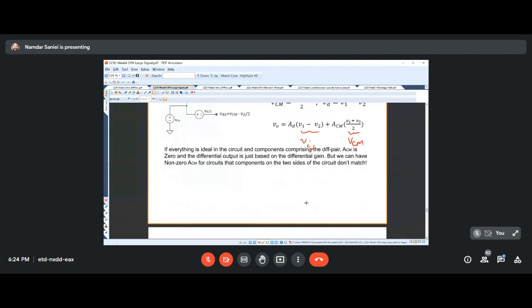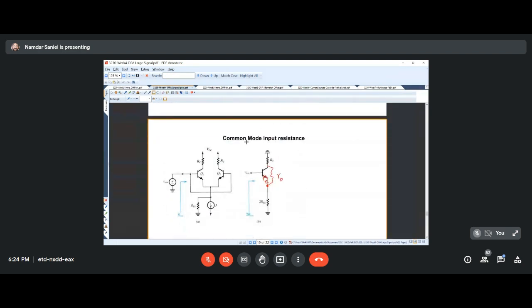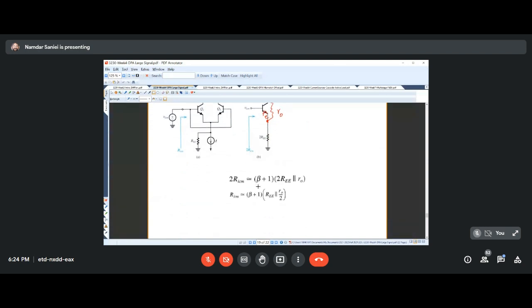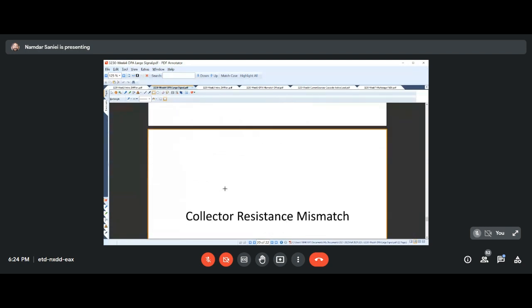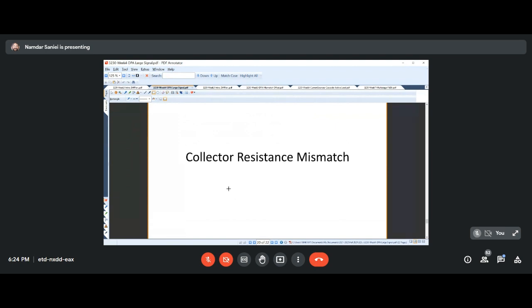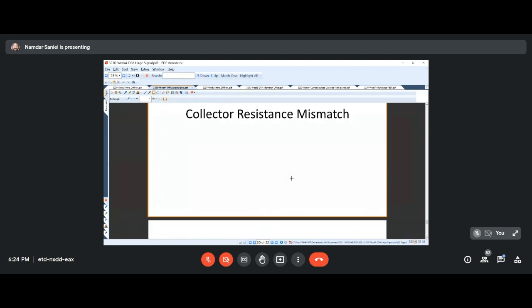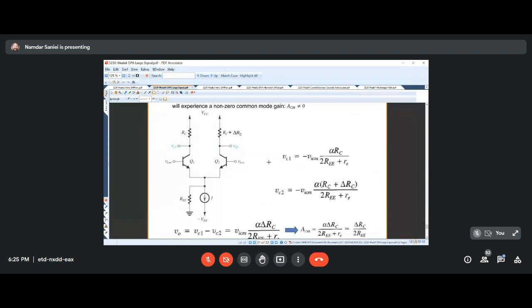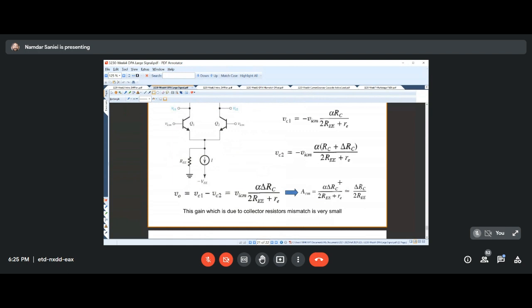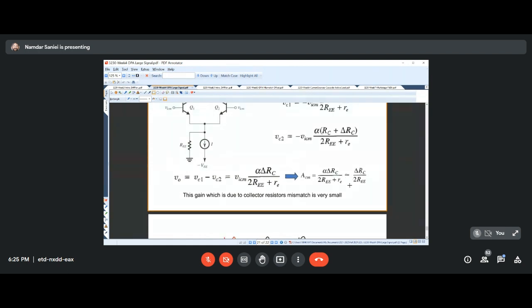And then we found the input resistance for the common mode, and then we started looking at real cases. Nothing is ideal. So what happens if the resistances don't match? And we realized that there is a small but non-zero common mode voltage gain.